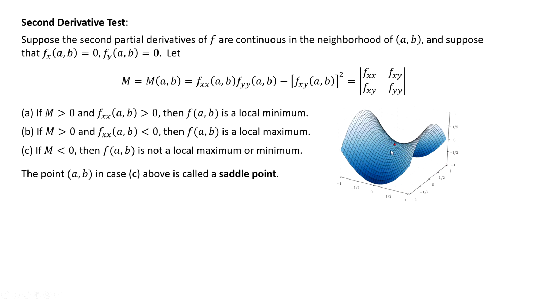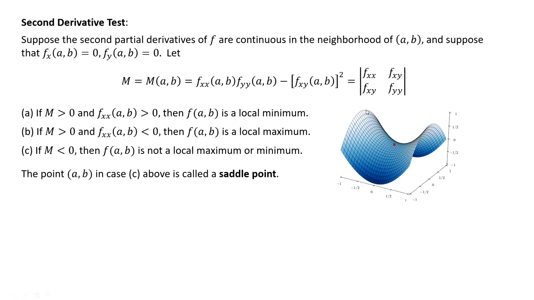If you were to take a vertical section parallel to the XZ plane, you would notice that this is an upside down parabola. Sure enough, the derivative there is 0, which represents the partial with respect to x.